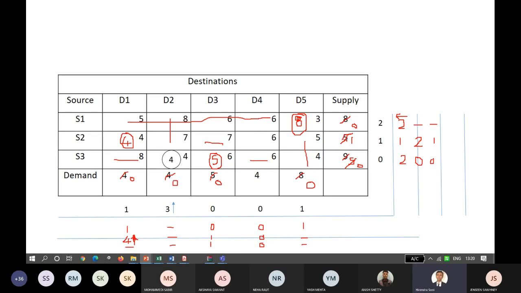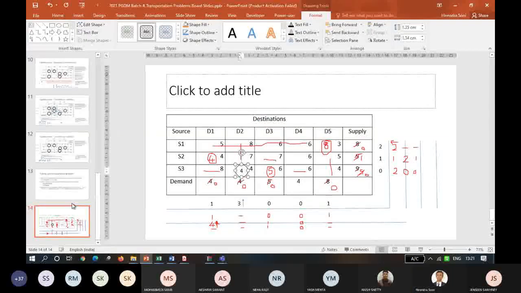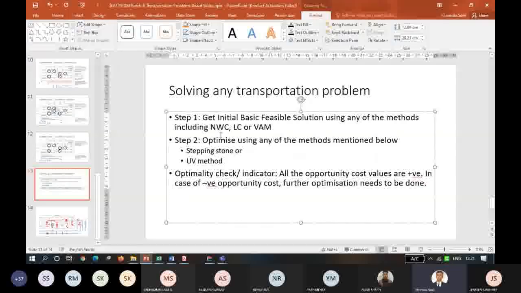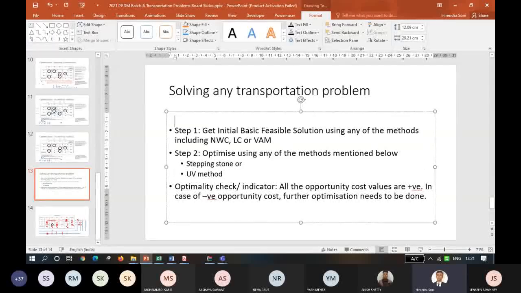Will you guys try it now? Once you get this, you will have to do the whole method again. So always, before you start, first check whether it's a balanced problem. So how to go about solving the problem? Before getting the initial basic feasible solution, check if it's a balanced problem.